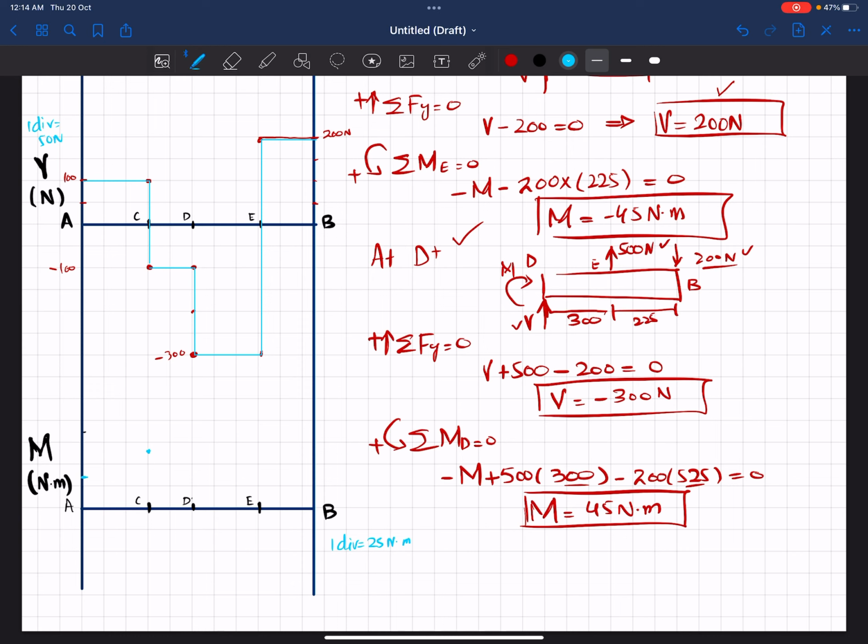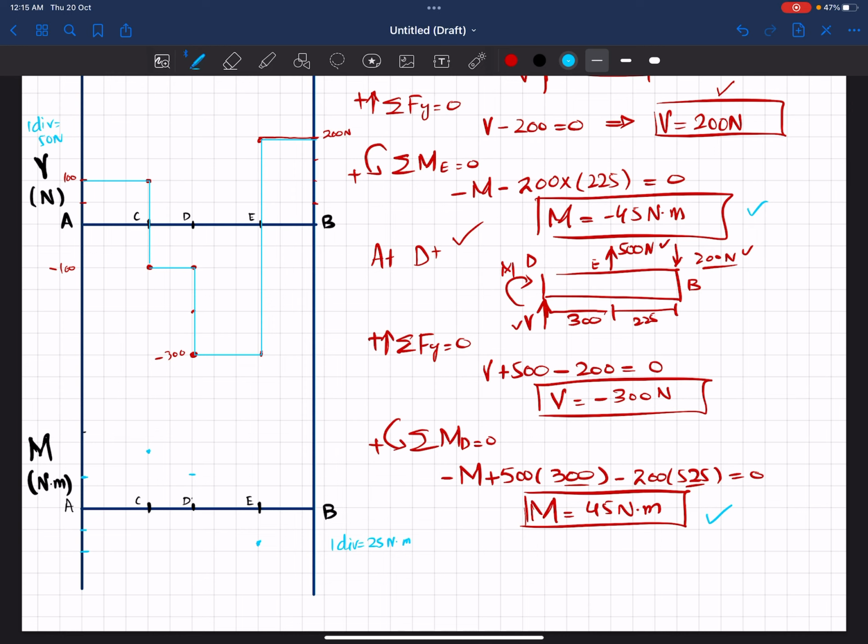At point D we have 45 Newton meter, so this is 25, and 45 will be somewhere here. At point E we have minus 45, which will be somewhere here.